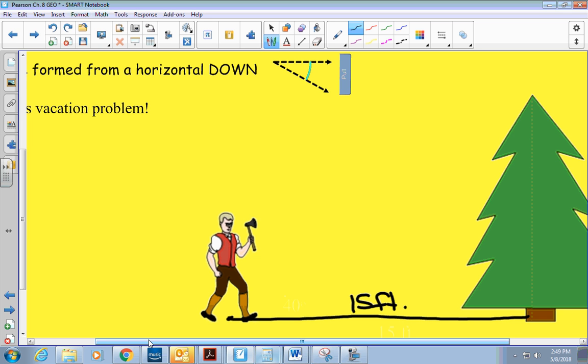So you guys have a little stick man on here. So draw a line from the stick man to the tree. We're going to have the best Christmas ever. Chop down that tree. The angle of elevation from the ground to the top of the tree, right here, is 40 degrees.